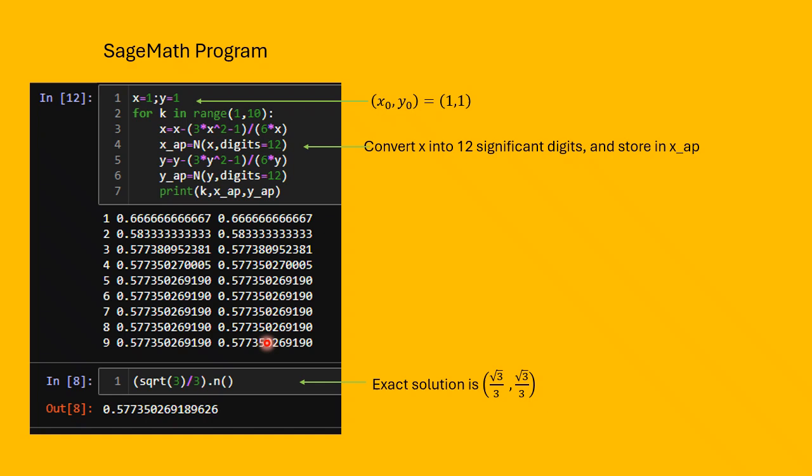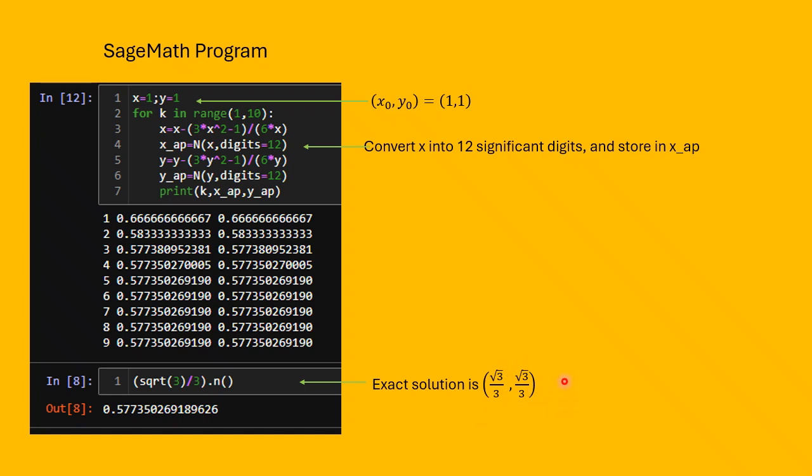Well, it turns out that those two equations that we're trying to solve for x and y, for the basically intersection point, you can solve those algebraically, and the exact solution to the set of equations we started with is the square root of 3 over 3, square root of 3 over 3. Here's a homework assignment.